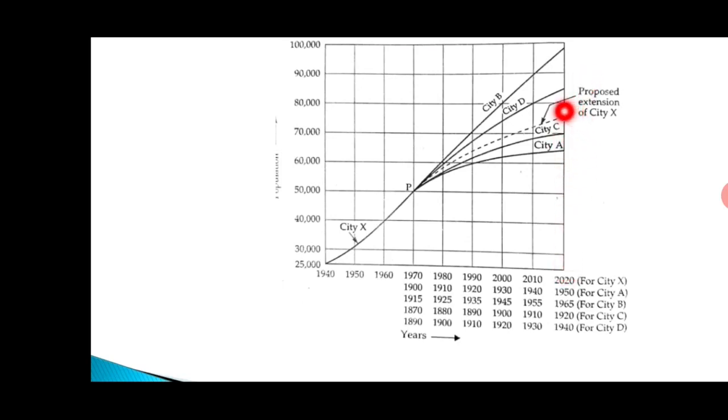Then we will simply draw a horizontal line to get the corresponding population. This method has a logical background and quite precise results can be obtained, but it is very difficult to find similar cities with respect to population growth.